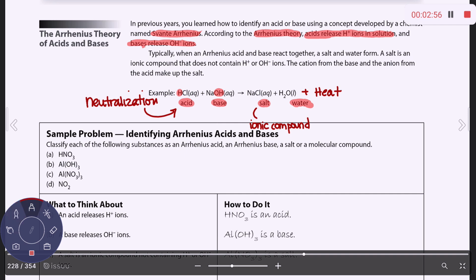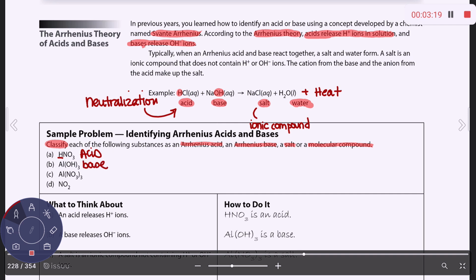Now, let's take a look at a sample problem. So here they want us to classify each of the following substances as being an Arrhenius acid, Arrhenius base, a salt, or a molecular compound. So if you take a look at the first one, HNO3, what would this be? Acid, because it contains a hydrogen ion. How about B?